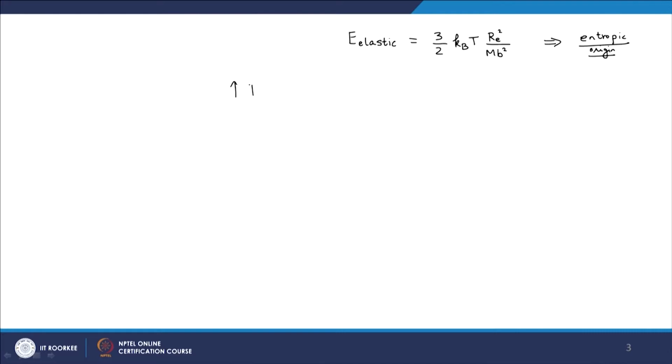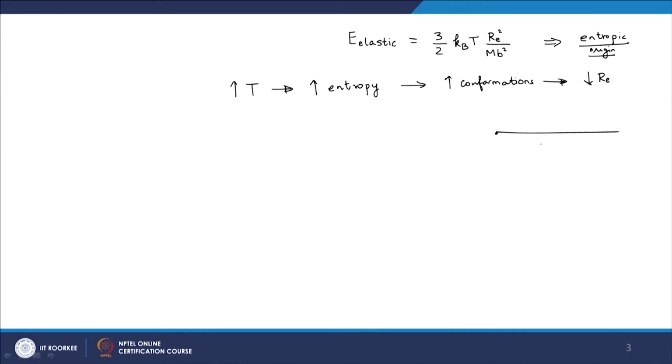So raising temperature, we want to go to higher entropy, and that means it wants to go to more number of conformations, and you can think about this, the more number of conformations will correspond to the case when the value of Re is small. Okay, so think of an extreme case, think of a chain that is completely stretched, then in that case there is only one conformation of the chain when the end-to-end distance is the same as the contour length.